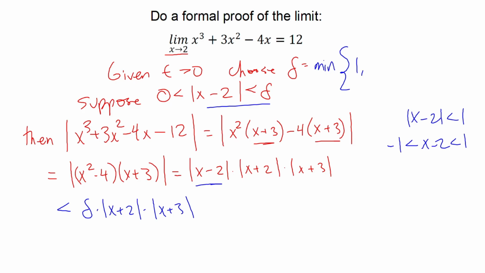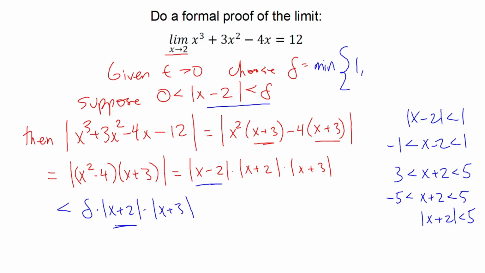So we'll start with the x plus 2. We'll add 4 to everything. So that'll be 3 is less than x plus 2 is less than 5. And we should recognize, kind of like the last ones, that if I had x plus 2 is less than 5 and greater than negative 5, that'd give us the absolute value of x plus 2 is less than 5. And so we're going to eventually replace that x plus 2 with 5.